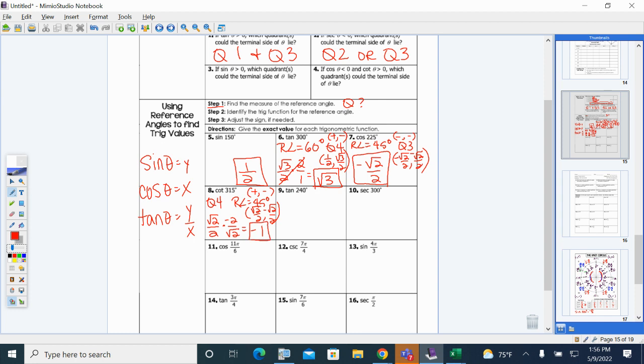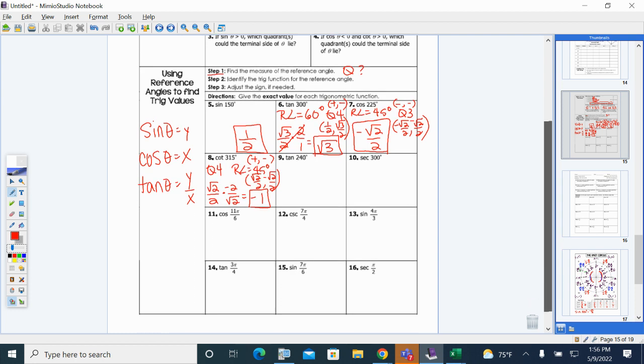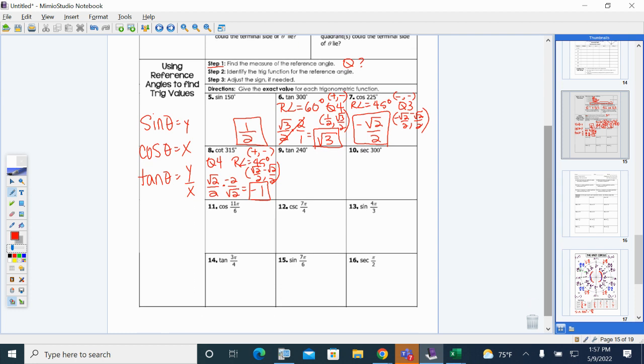All right, let's jump down to some of these that have the radian measures. So cosine of 11 pi over 6. Here's my little trick.